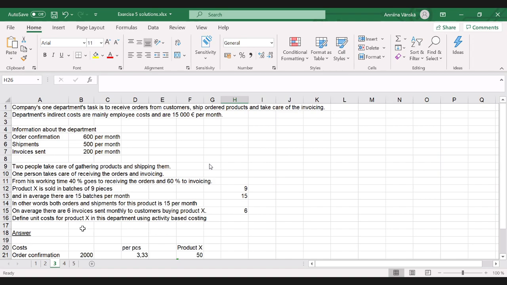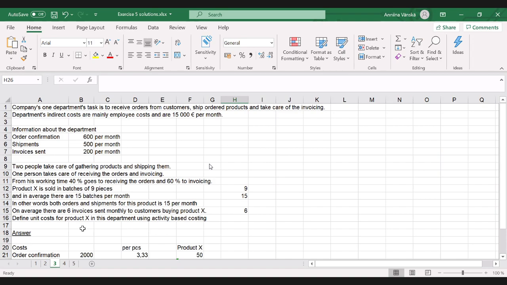In the department, there are 2 people taking care of the gathering of the products and shipping them, and 1 person is taking care of receiving the orders and invoicing. From this person's working time, 40% goes to receiving the orders and 60% to invoicing.